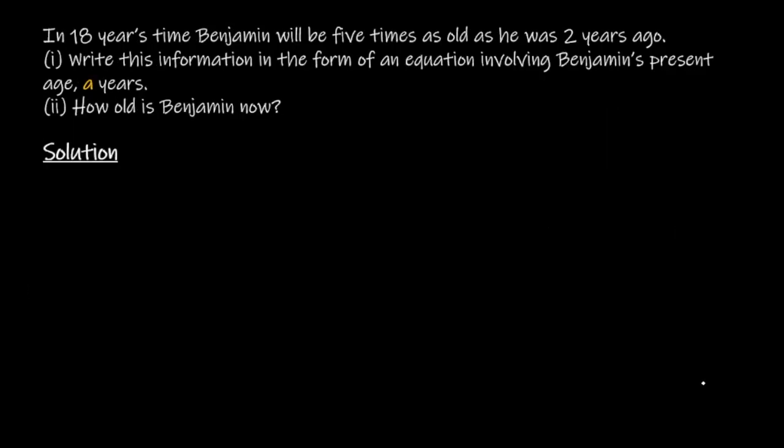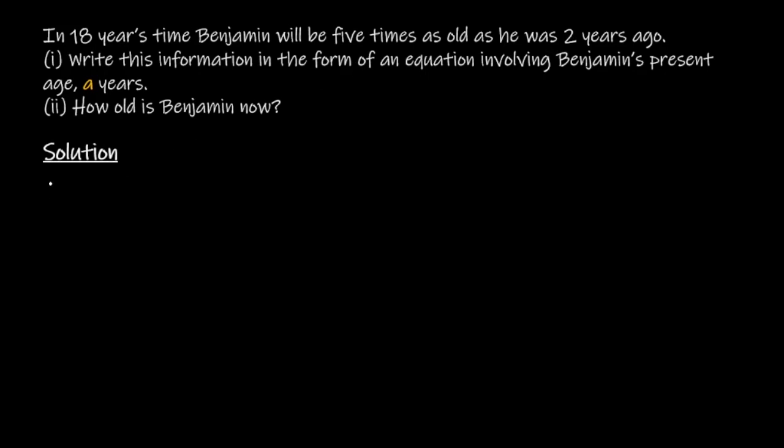We have in 18 years time, Benjamin will be 5 times as old as he was 2 years ago. We have to write this information in the form of an equation involving Benjamin's present age, and we have to calculate how old Benjamin is right now. Right, so let's look at something. Now we're told that in 18 years time, Benjamin will be 5 times as old as he was 2 years ago.